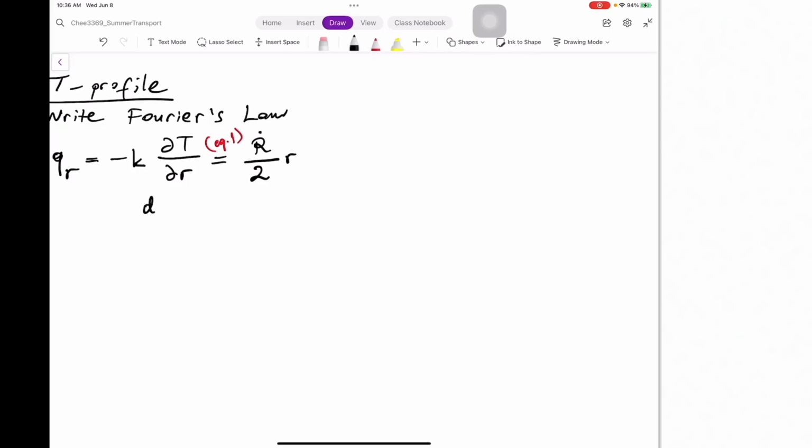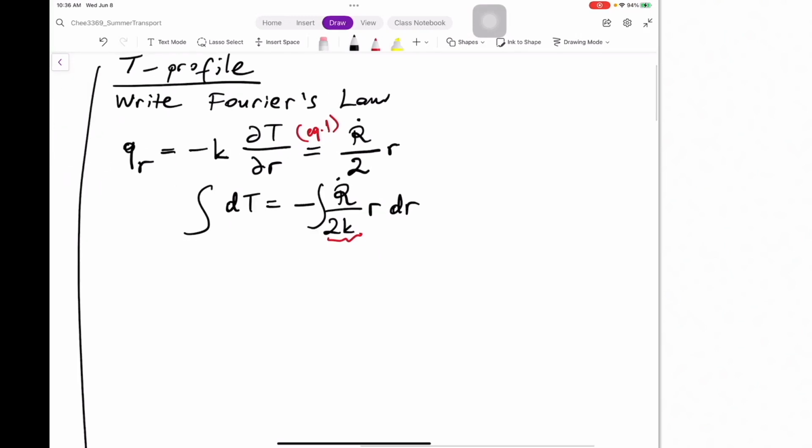So if you write down dT is equal to minus fancy R dot divided by 2k R dr, and you take the integral, this term is constant. You need to take the integral of r dr, and you find that T is equal to negative fancy R dot over 2k r squared over 2 plus some constant, right?